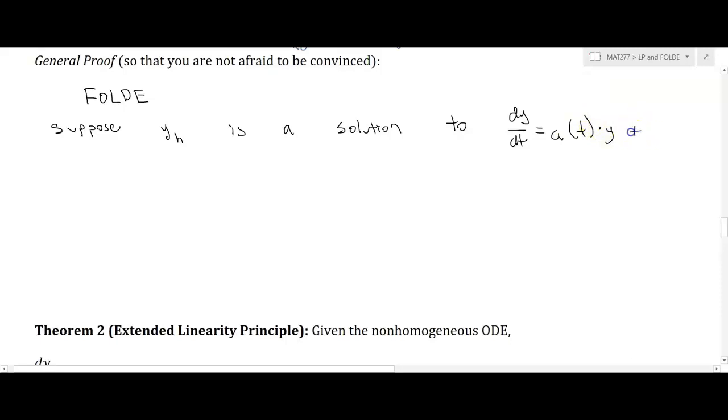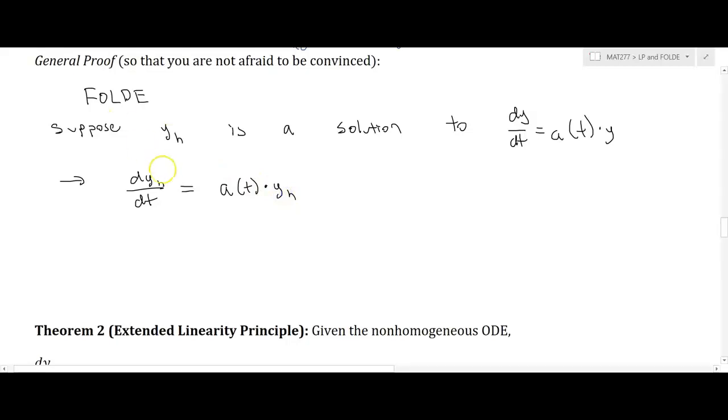Notice that I have a plus 0 here. That's my homogeneous case of this equation. And so as long as this equation is homogeneous, this means that if I were to take the derivative of y sub h, that would in fact equal a of t times y sub h. So that's what that means.